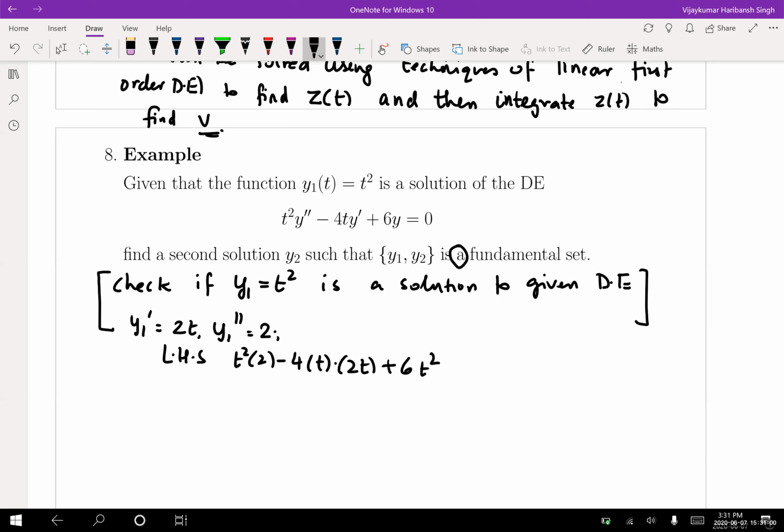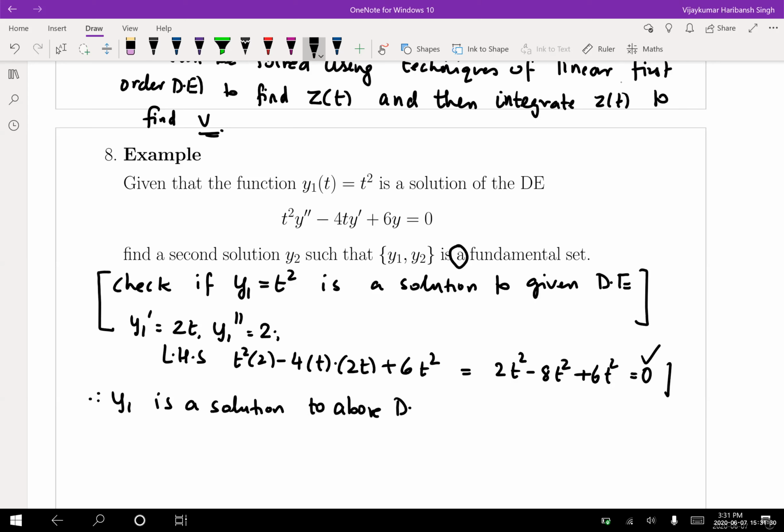So we get 2t squared minus 8t squared plus 6t squared, and that is indeed 0. So therefore, y1 is a solution to the above differential equation.